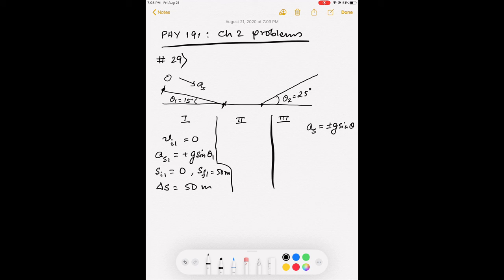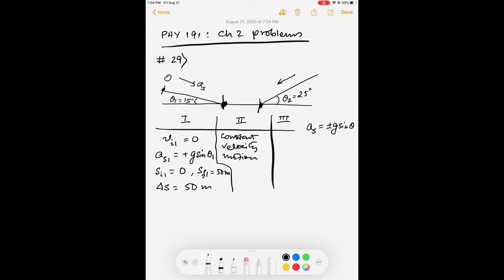The second part is very easy because the second part is a constant velocity motion or uniform motion, right? So whatever velocity the person has acquired at this point is going to stay the same until this point. So in between here and here, she will be moving with constant velocity, and after that she is going to go uphill.